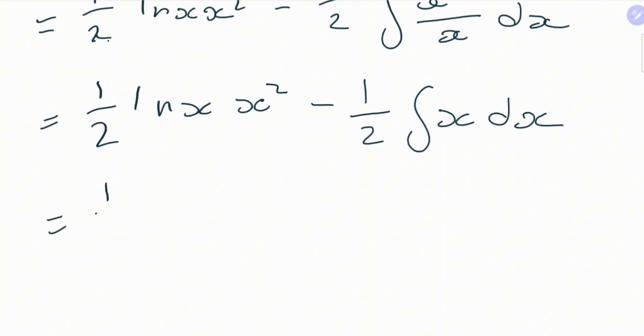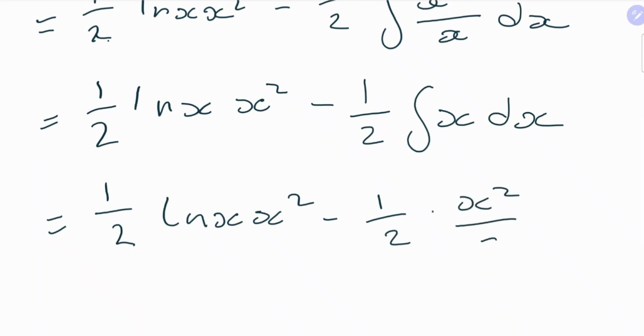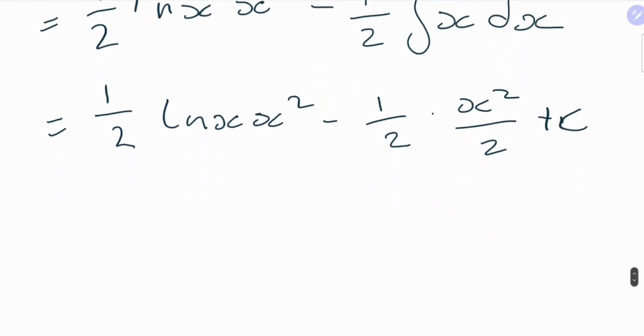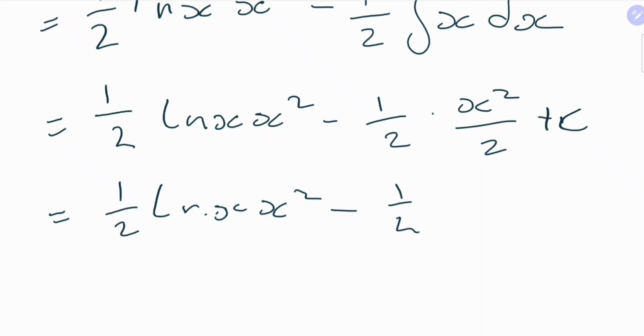So this equals 1 over 2 natural log of x squared minus 1 over 2 times x squared over 2. Okay, and then plus the constant of integration. Got it? So we can actually just do this: 1 over 2 natural log of x squared, and then minus 1 over 4 x squared.